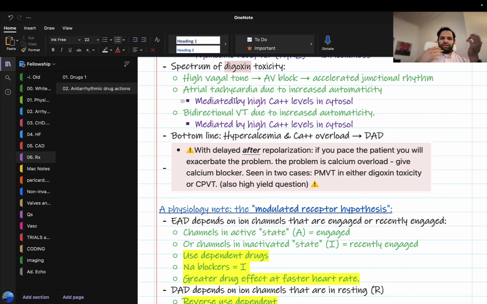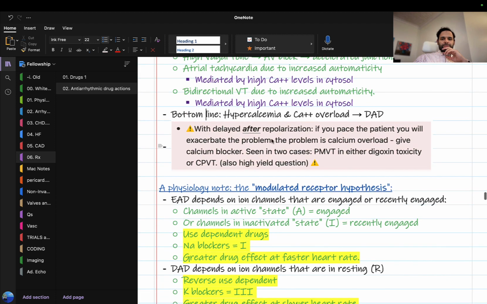If you're potentiating arrhythmia in the ventricles, you could probably do that in the atria as well, by means of increasing automaticity because you have high calcium levels in the cytosol. Bidirectional VT, obviously, as we discussed, is due to that increased automaticity. So the bottom line is that calcium overload will lead to delayed afterdepolarization.